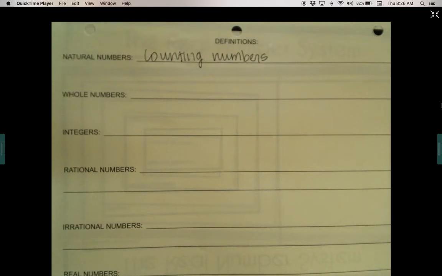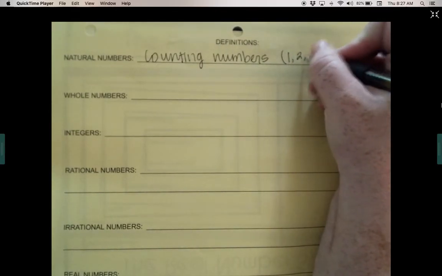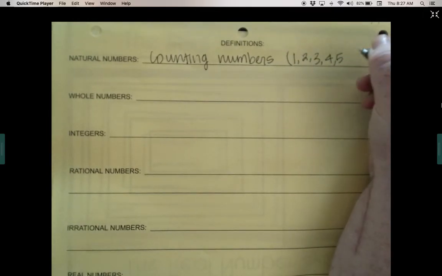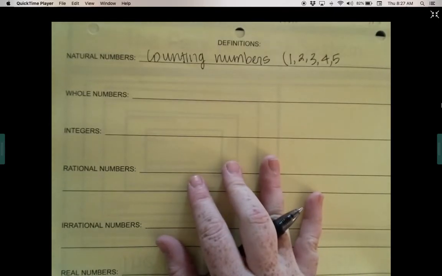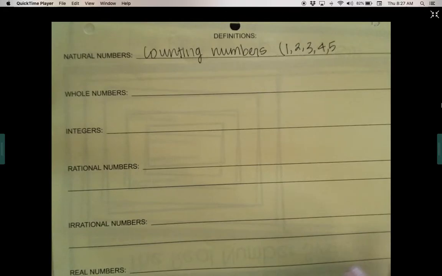One. When I'm counting, I don't start with 0. I don't say 0, 1, 2, 3. I start with 1, okay? So we're starting to count 1, 2, 3. And if we're counting people, we are using whole numbers, meaning we're not using fractions or decimals or negative numbers, okay?